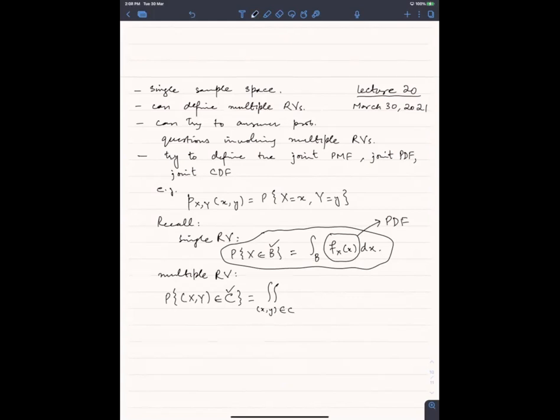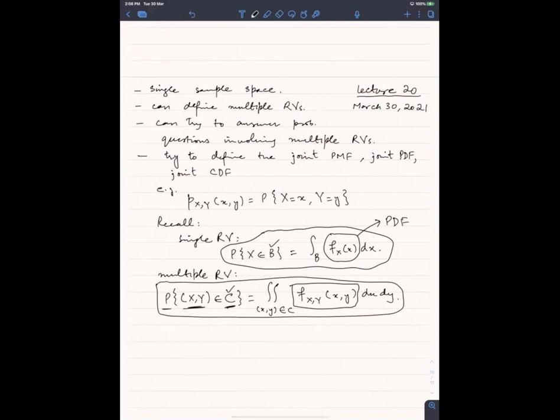So now we define this joint PDF of x and y, with dx dy, if there is a non-negative function f_XY which satisfies this equation: the probability that your x and y belongs to a set C, where C is a set of pairs of numbers, equals the double integral of this function over that set C, for all C. Then we say, okay, this is your joint PDF.